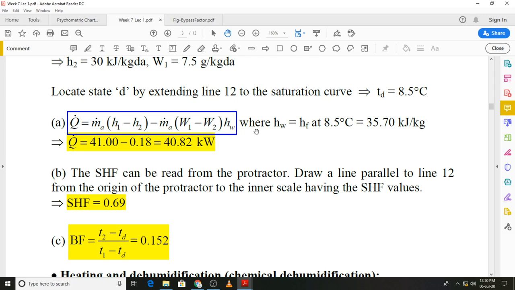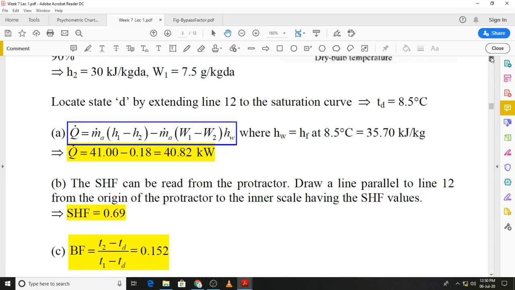So HW will be equal to HF at 8.5 degrees C. That's why we need to obtain the temperature D before we proceed to this equation. That is obtained from the table. Then we have the values of H1 and H2 from the actual psychrometric diagram. You can check those values. I'll just go back a little.